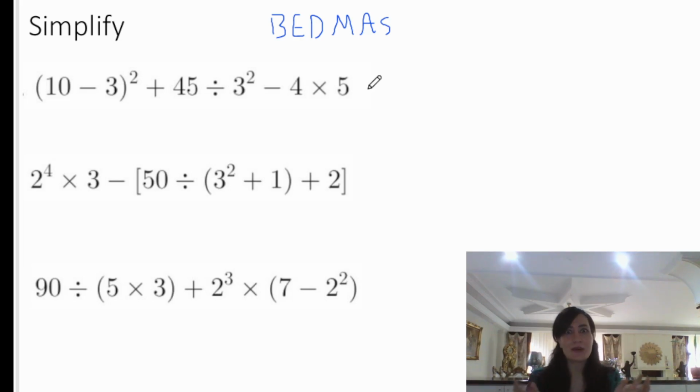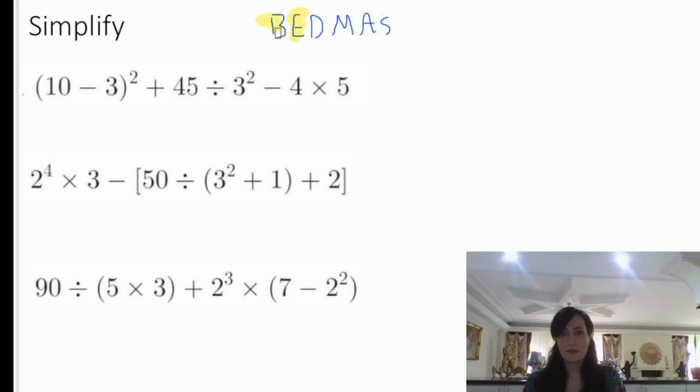Anywhere you go and you see an expression that uses multiple operations, you have to follow this order of operations. Anyway, the B stands for bracket or parentheses. E stands for exponent.